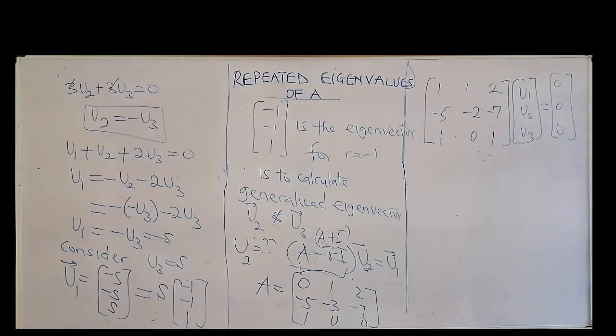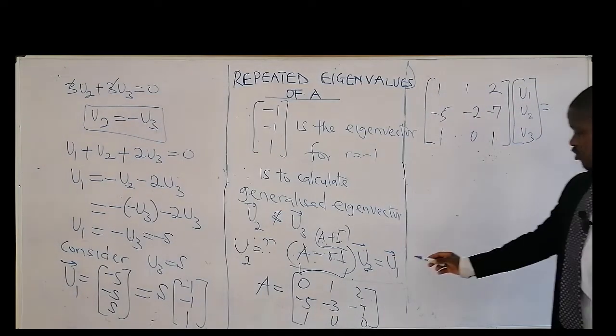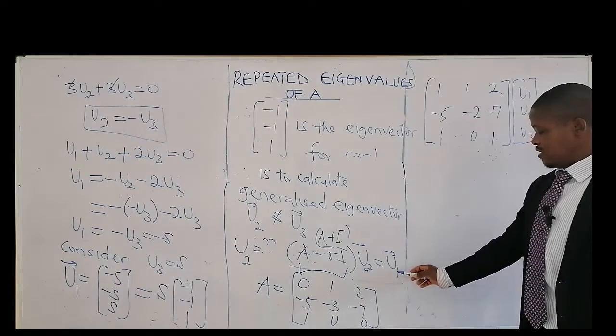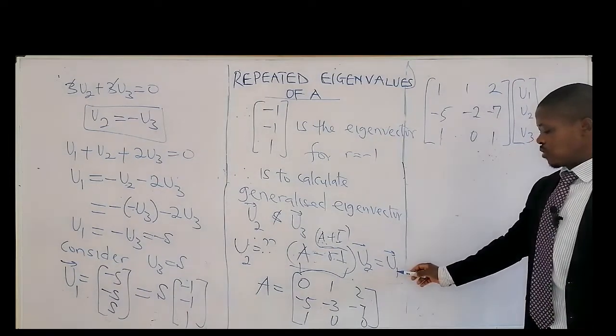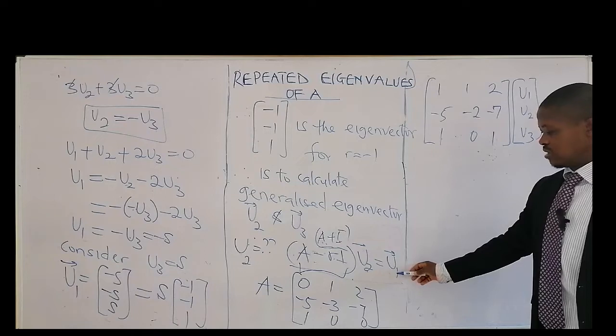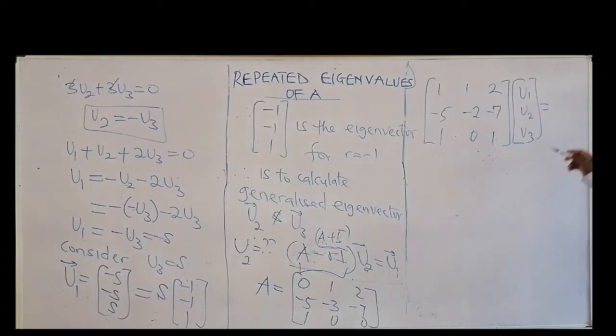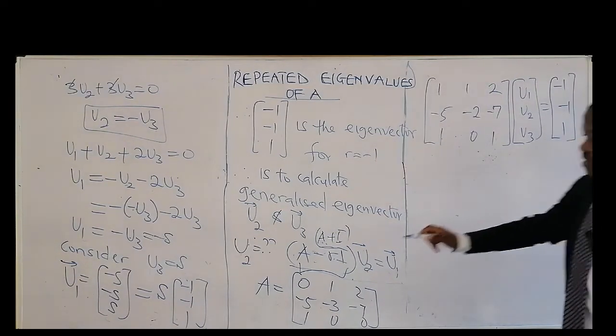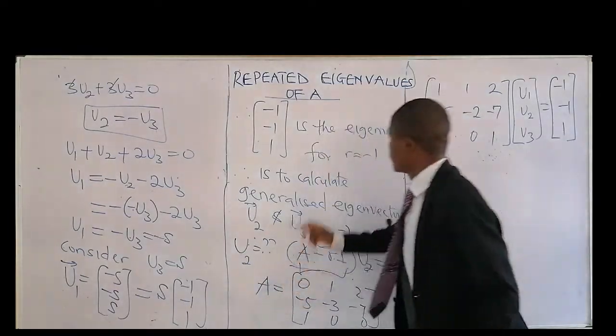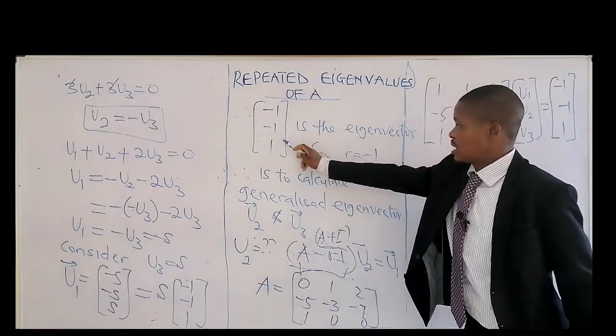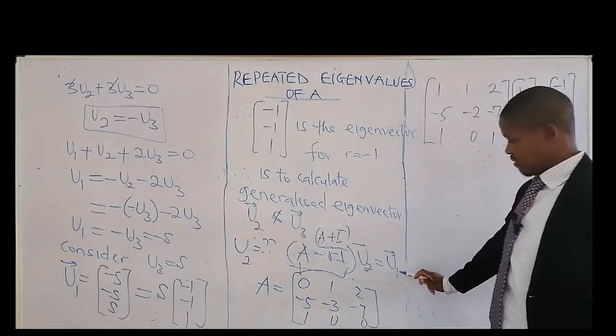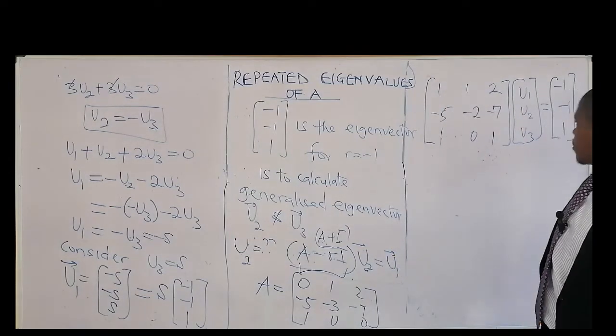Okay, so then the next thing you do, your u1 here, this vector, the first eigenvector, we have the value in this case. We have it as minus 1, minus 1, minus 1, 1. So that's the first eigenvector.